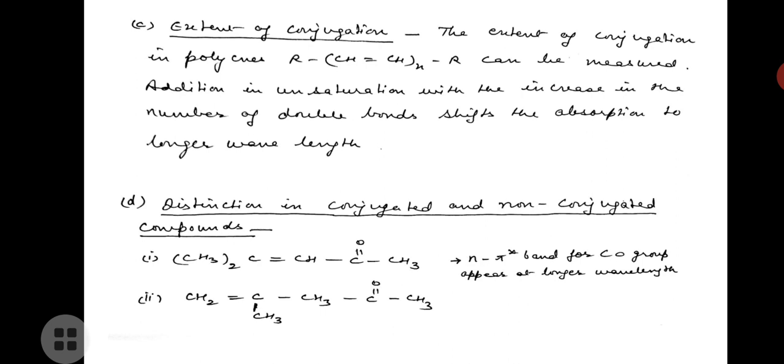And it is found that the absorption occurs in the visible region, that is at about 420 millimicron, if n is equal to 8 in the above polyene. Such an alkene will appear colored to our human eye. We can see it colored.